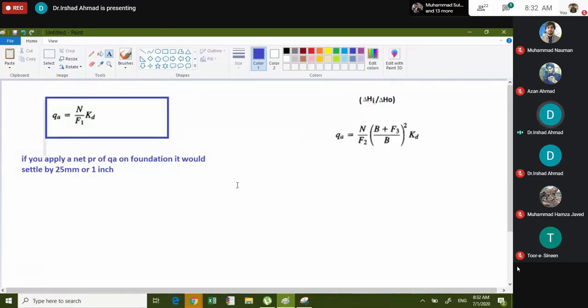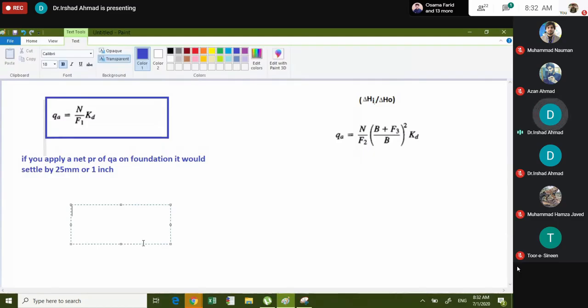You have to increase the applied pressure, right? So you have to multiply this equation by a factor, 50 divided by 25.